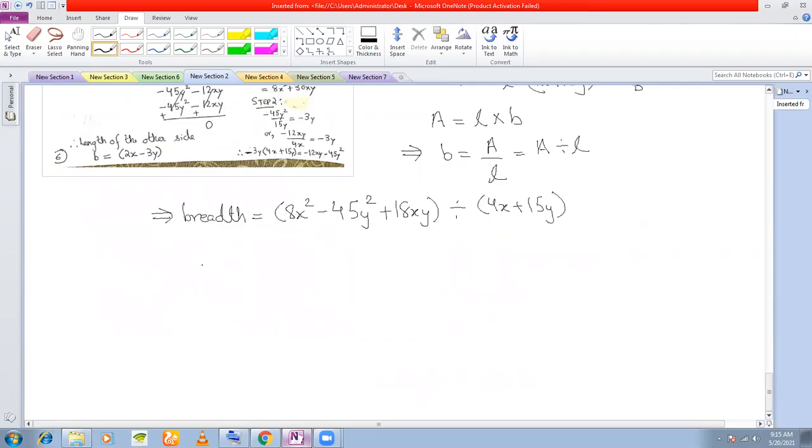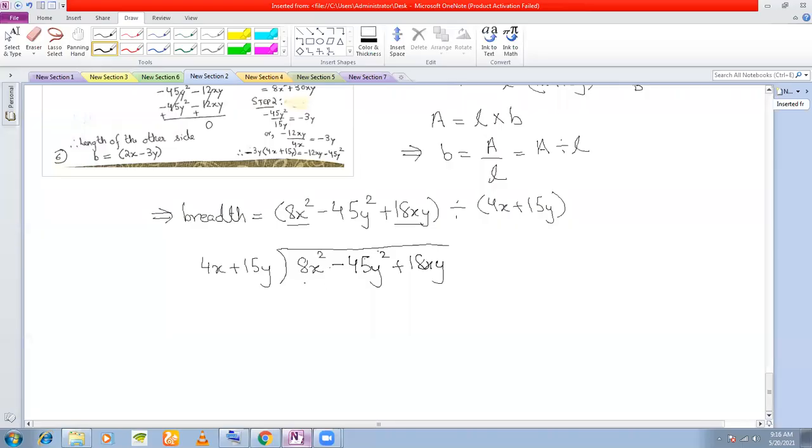Let us proceed with the division method. 4x plus 15y, dividing 8x square plus 18xy minus 45y square. Let me write it the way they have given: 8x square minus 45y square plus 18xy.